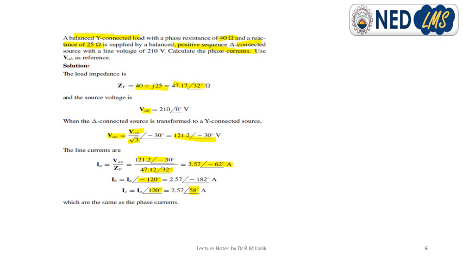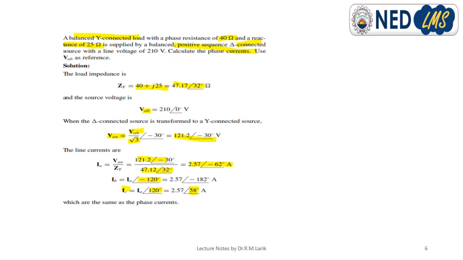This 58 degrees comes from minus 62 degrees plus 120 degrees, because the third line current is 120 degrees apart from the first. So hopefully you understand this problem.